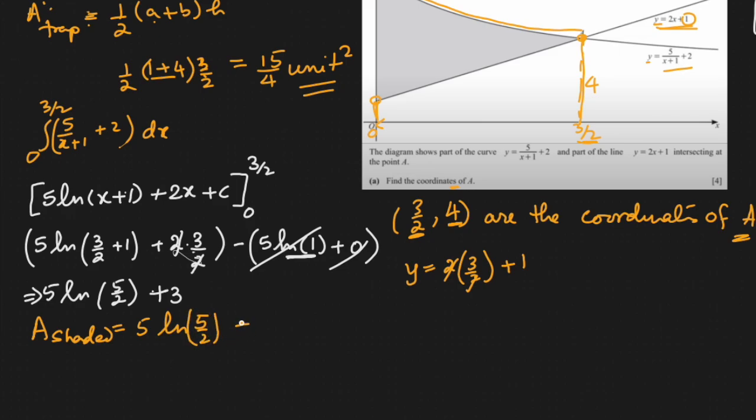Area under the curve minus the area of the trapezoid, 15 over 4. If it is the exact area, we can just leave it, otherwise a decimal will be the answer. 5 natural log of 5 over 2, and this will be 12 minus 15, so minus 3 over 4. This is the exact area.